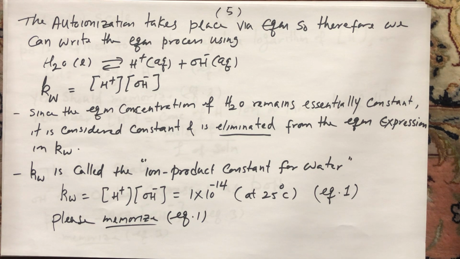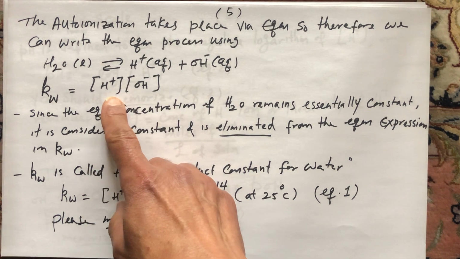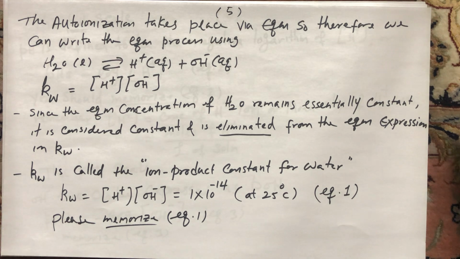If you write the Kw for that, W stands for water, and the K is the equilibrium constant. So basically, this is the water ionization constant, or ion product constant. Sometimes they refer to it as the ion product, because it's a product of H plus and OH minus.